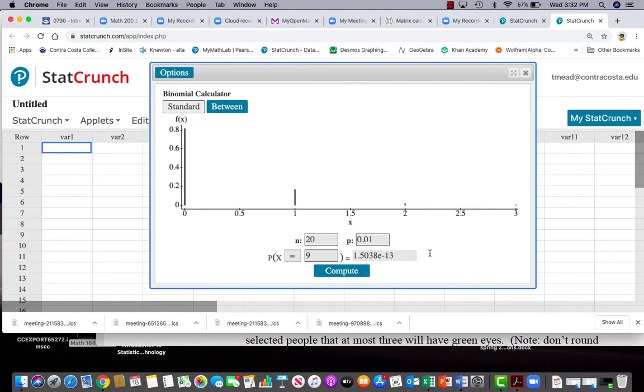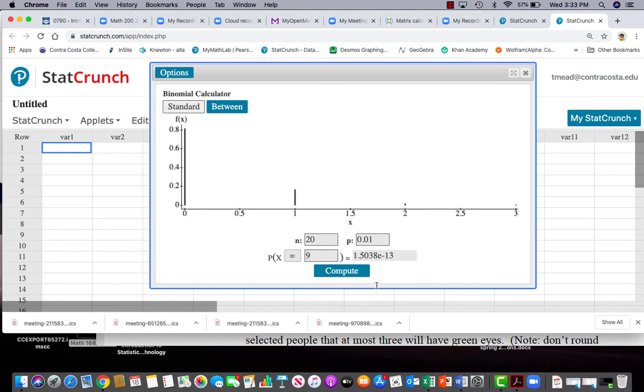That means it's scientific notation, and we're going to have to take the decimal, which is sitting right here between the 1 and the 5, and move it 13 places to the left. So it's going to be 0.0000000000001 5, a lot of zeros and then 1, 5. So it's not likely you're going to see 9 people with green eyes. Just is not likely.